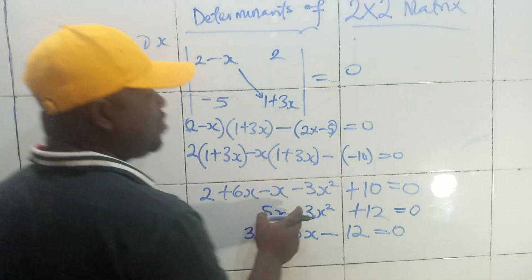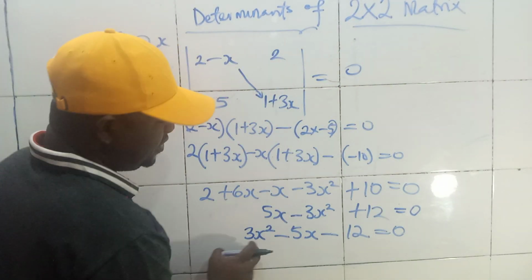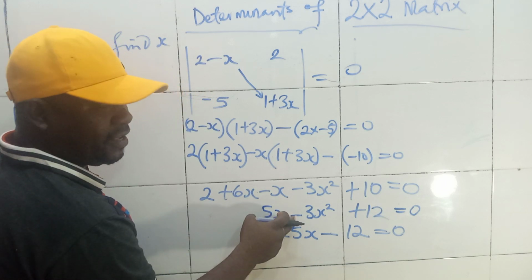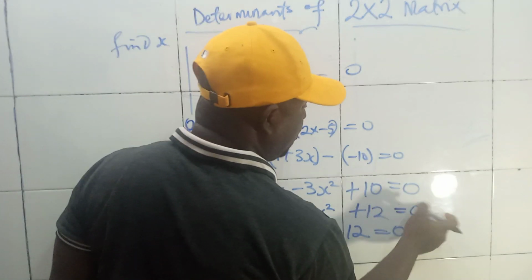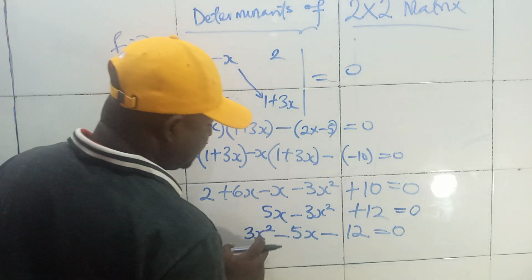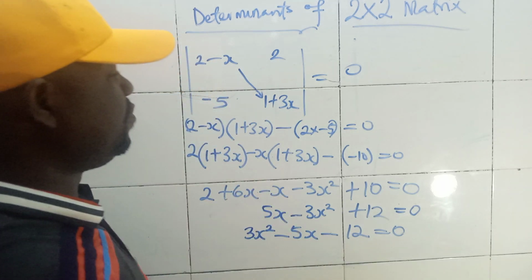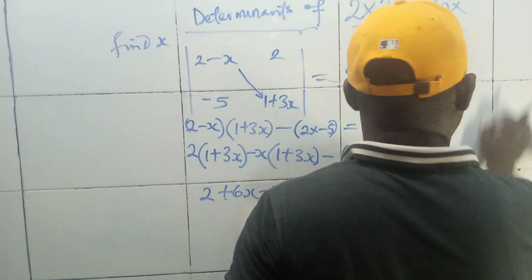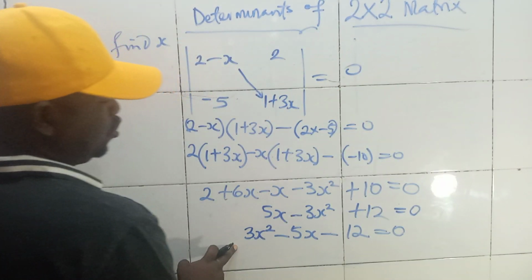What did I do? You can take all of this just because I wanted this 3x squared to become positive. It's negative here. So if all this should go there and all the numbers you have here should come here, this 3x squared, so I don't want anything to give me stress as I'm solving. Stress of sign. So I've been able to get this one to be positive.